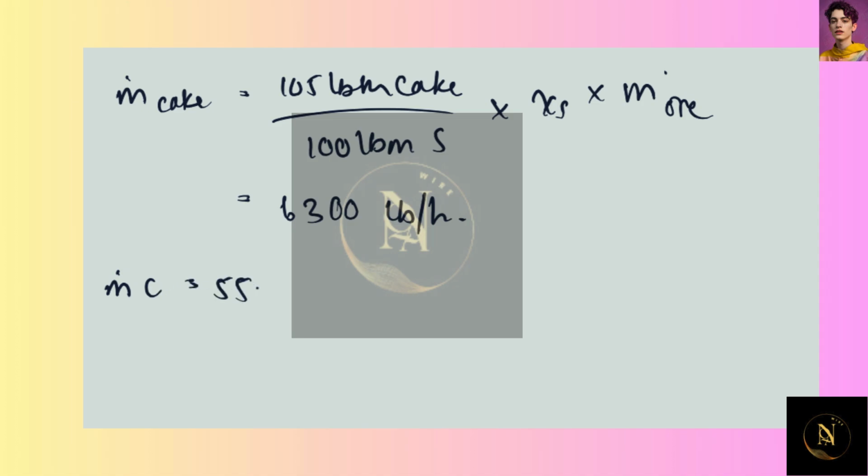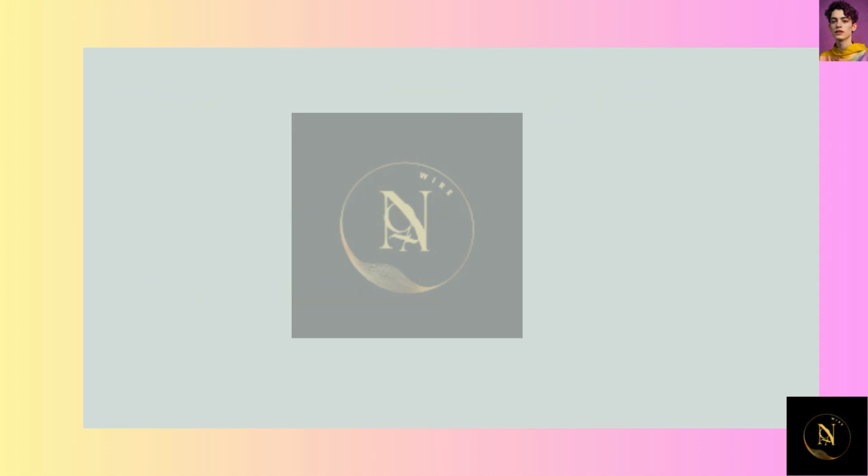that is 55,194 lbm per hour. So following this, because of the total amount of the cake from the second filter, we can calculate the production rate of the crystal product by accounting for the 5 pounds of solution per 100 pounds of solid.